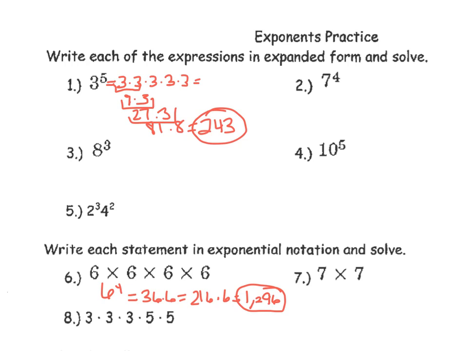So at this time, I would like for you to pause the video while you answer questions 2 through 5 on the first section and 7 and 8 on the second section. When you're ready to check your answers, press play.